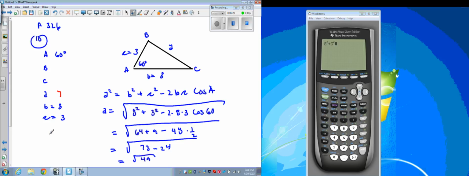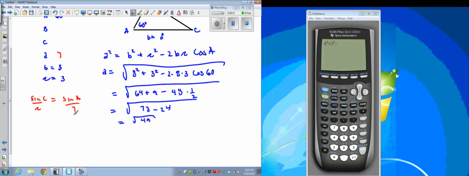So what you'll do is sine of C over C equals sine of A over A. And we couldn't do this ratio until we calculated A.